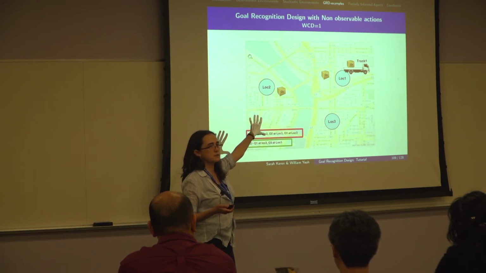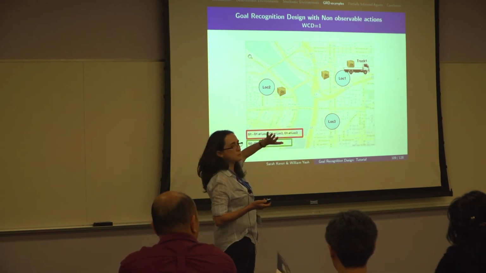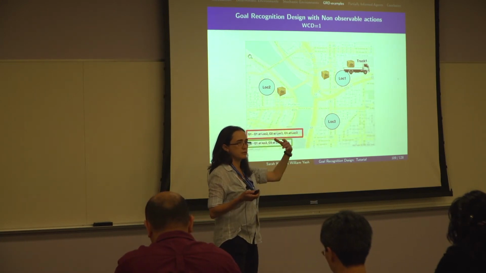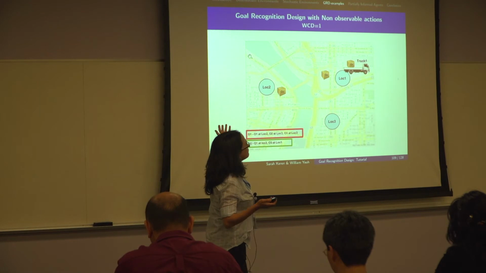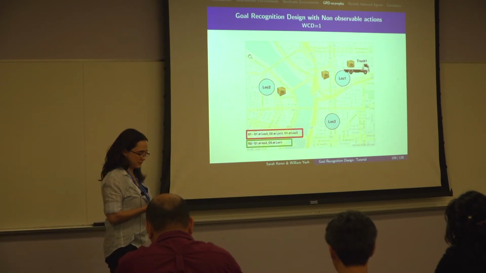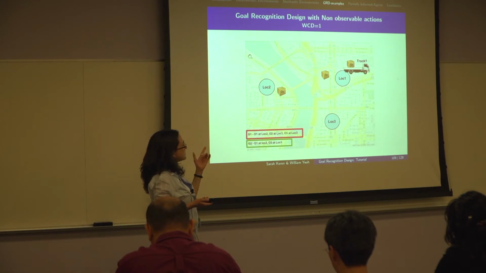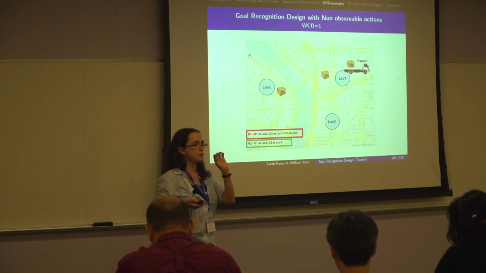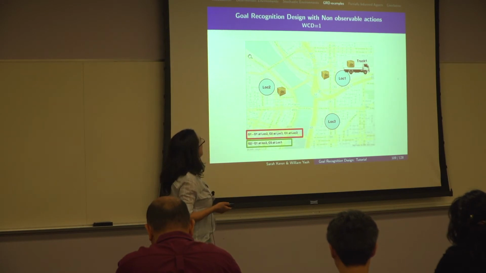This is a logistic setting which we cannot directly influence the way we did in the robot. When package 1 is picked up, there is no information that we gain. So WCD in this case is 1. This is the common prefix between behaviors to different goals.